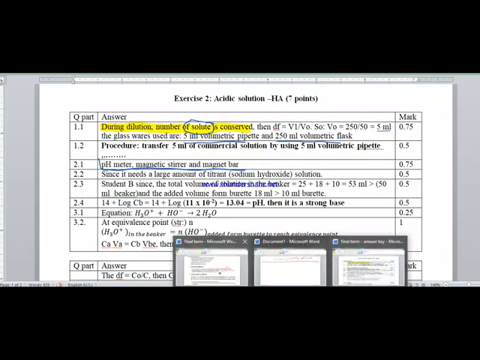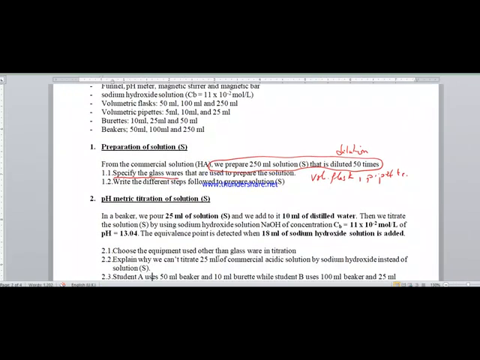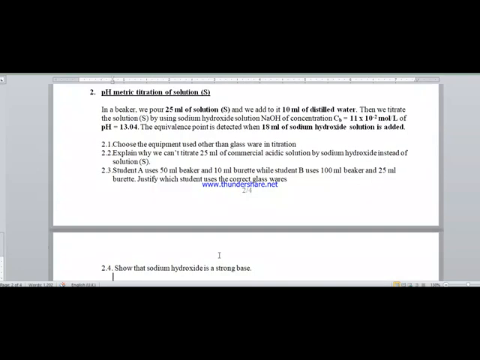The third part is about explaining why we can't titrate 25 milliliters of commercial acidic solution by sodium hydroxide instead of solution S. In the titration we use 25 milliliters of solution S, which is the diluted solution.